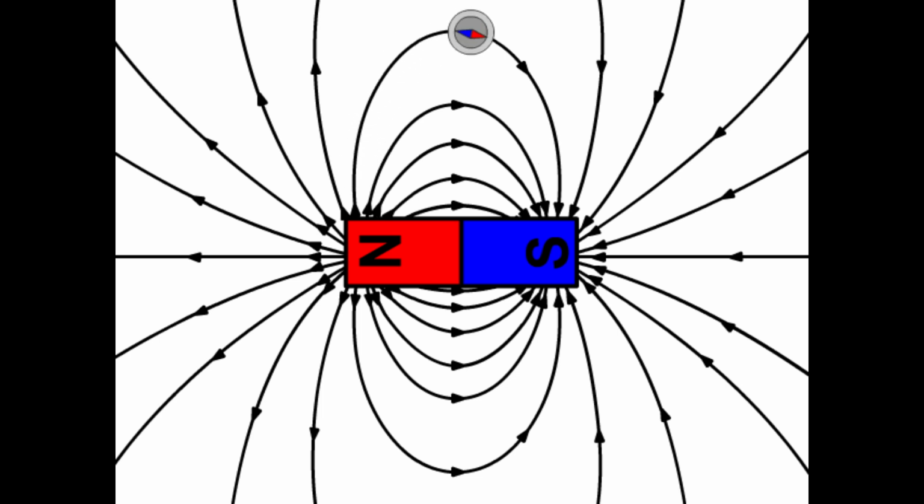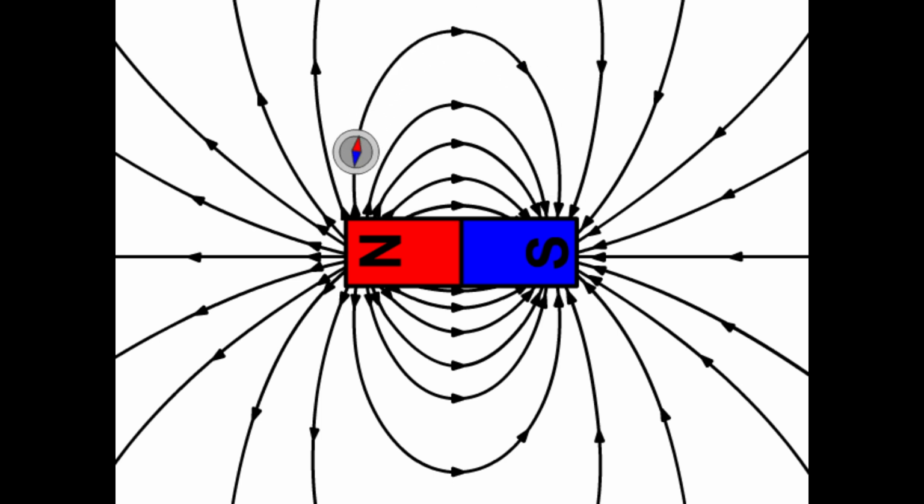In the English system of measuring magnetic fields, the strength is measured in a term called flux density. Flux density is measured in lines per square inch. Also in the English system, the Greek letter phi is used to describe the total force producing a magnetic field, or flux.